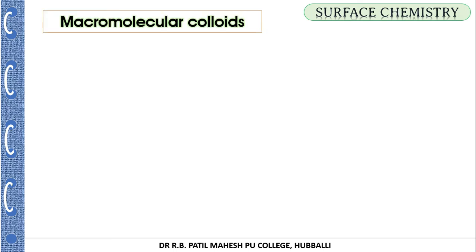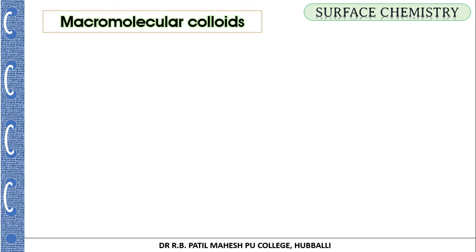As the name itself indicates, students, here the size of the molecule itself is of colloidal size or comparable to the size of colloidal particles. Generally observed in the case of polymers like rubber, nylon, polythene, starch, cellulose, proteins, enzymes.